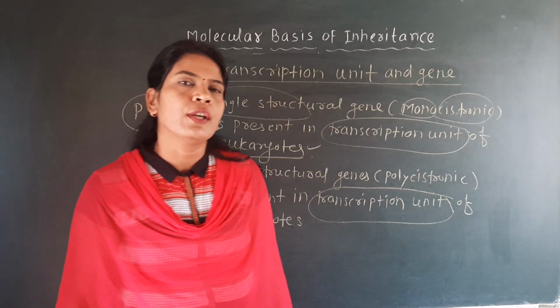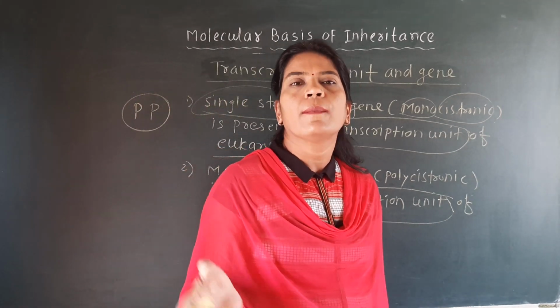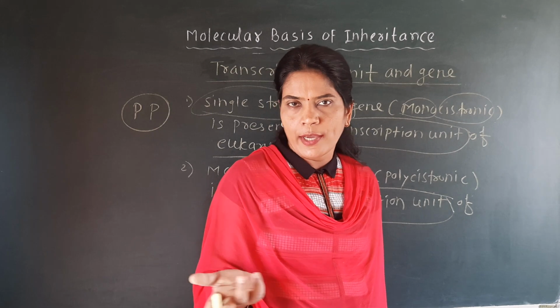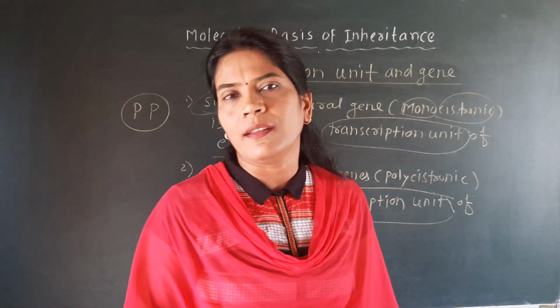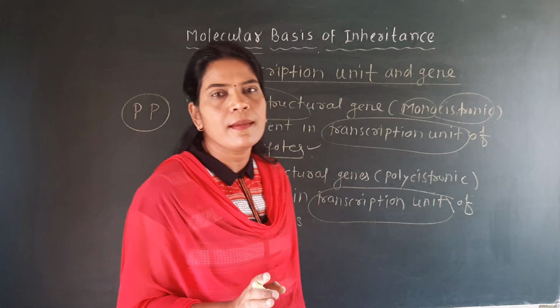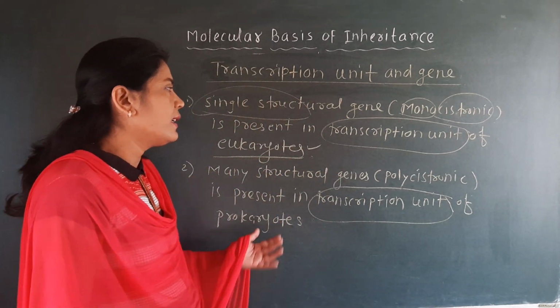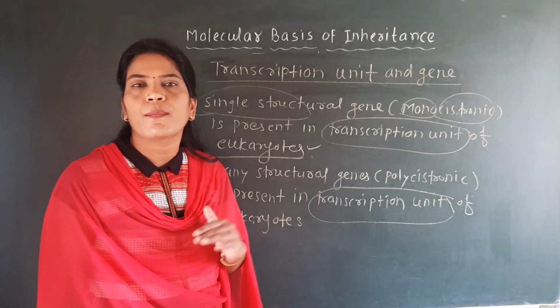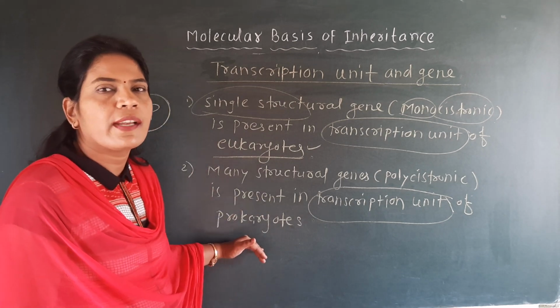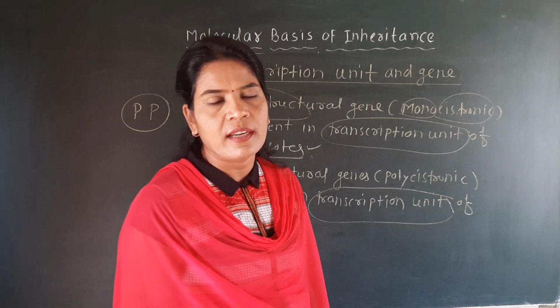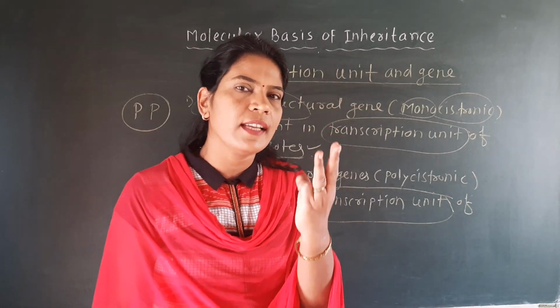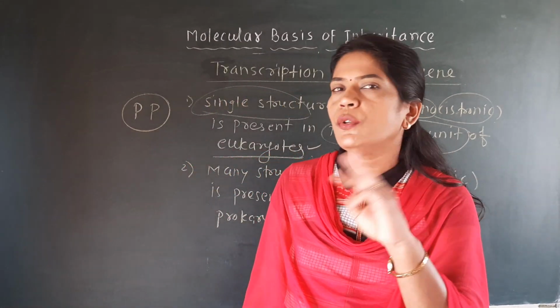Then ultimately you can recall that monocistronic means eukaryote. So you have to keep in mind PP, the polycistronic condition is found in the prokaryotes. So again we differentiate prokaryotic from eukaryotic: prokaryotic has the polycistronic condition and eukaryotic has the monocistronic condition. Three differences we have already seen between prokaryotes and eukaryotes.